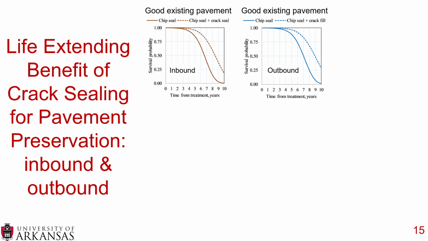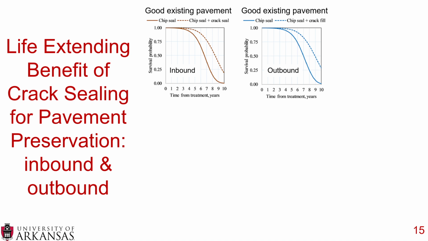Lots of great resources out there on that. But I'm just showing the data for the good existing pavement because in my mind, you should only put maintenance treatments on good condition pavements. We've got the inbound on the left, the outbound on the right. If you're good with colors, the inbound is kind of a burnt orange, the outbound is a blue.